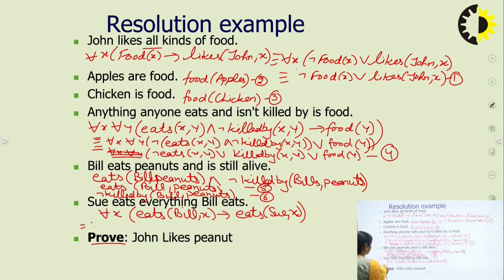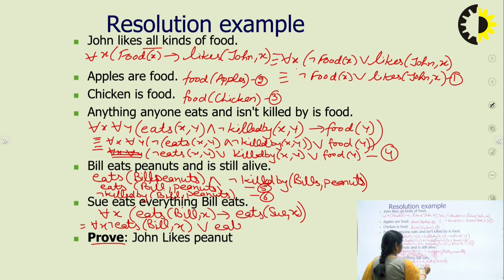So firstly I will remove the implication. So what I'll get: for all X, not of eats(Bill, X) or eats(Sue, X). There is no need to reduce the scope because the negation is already directly on the proposition.